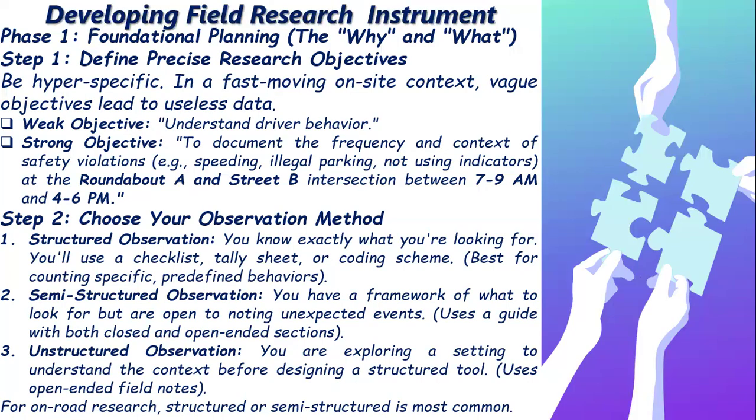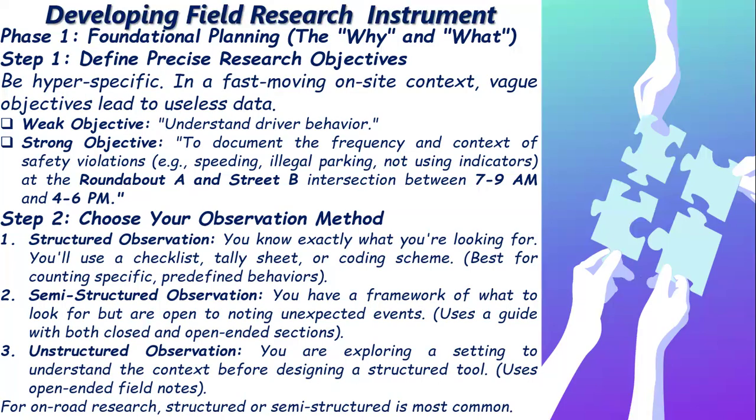Step 2, choose your observation method. The timing above you can select according to your research objective. Structured observation: you know exactly what you are looking for. You will use a checklist, tally sheet, or coding scheme, best for counting specific and predefined behavior.